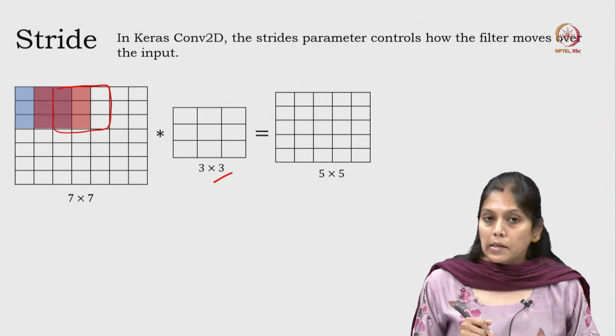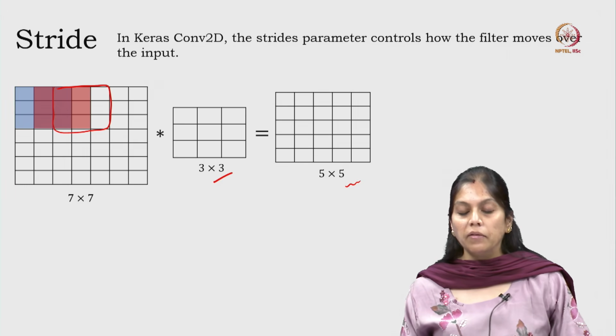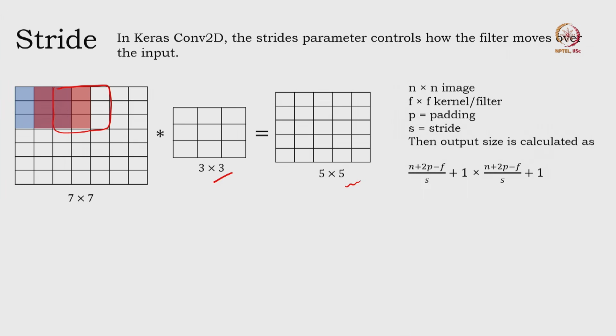If the stride is considered, what is the formula used to calculate the feature map? If padding is considered, then write 2p. If padding is not considered, then it is n minus f divided by s, plus 1. Because stride is considered, I am showing a formula with the s here.